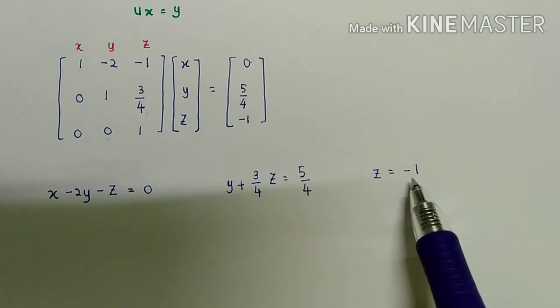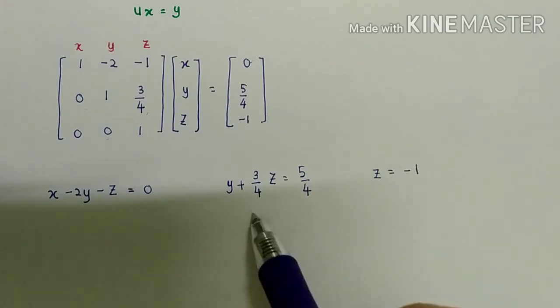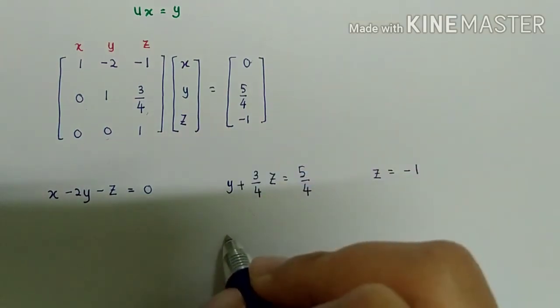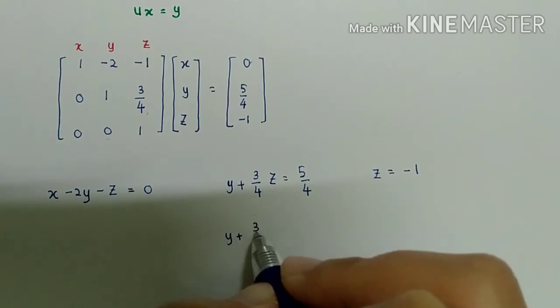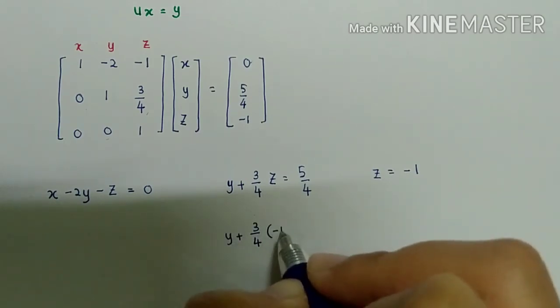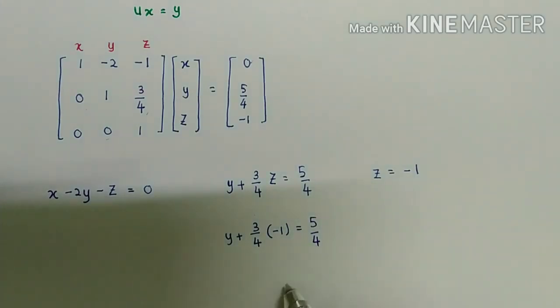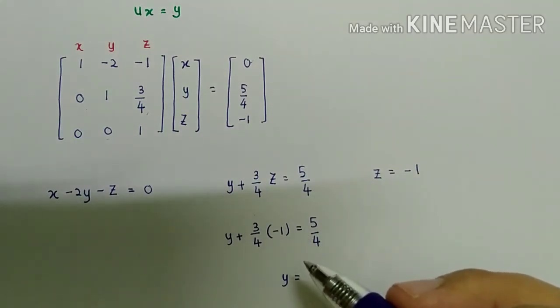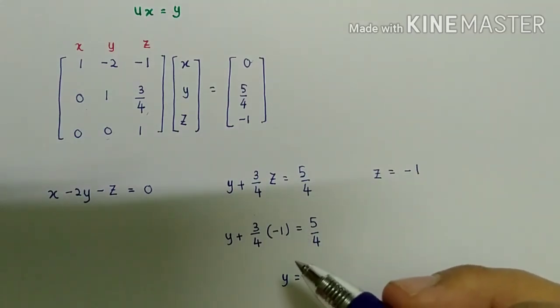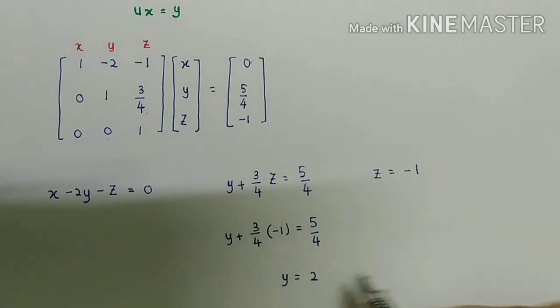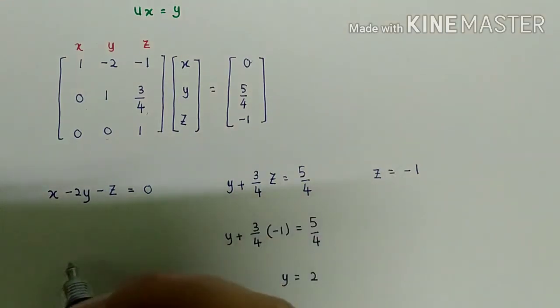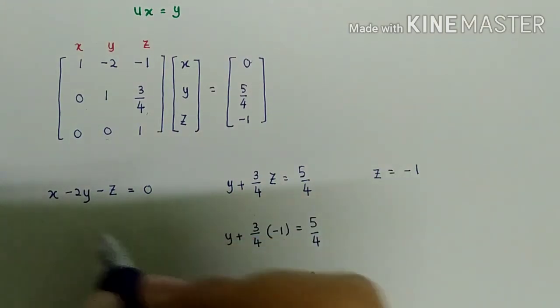So z equals negative 1, we can substitute this value into the second equation. So we have y plus 3 over 4 times negative 1 equals 5 over 4. We calculate and we get the value of y is equal to 2. And we can substitute the values of y and z into the first equation to find x.